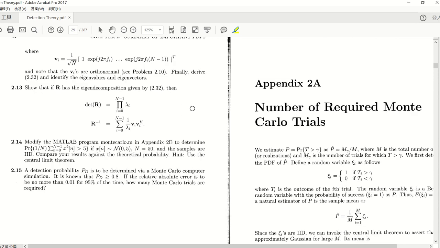And then the appendix. Recall in the last class I talked about what you need to be aware of when you do Monte Carlo trials. The first thing is the rare event. You'd like to get a sufficient number of samples for the rare event.